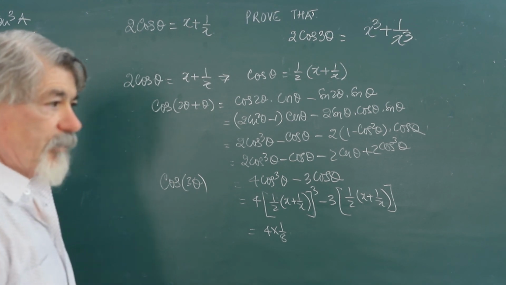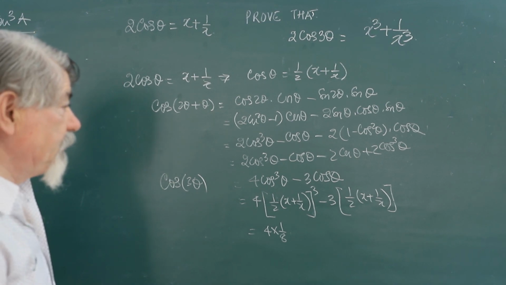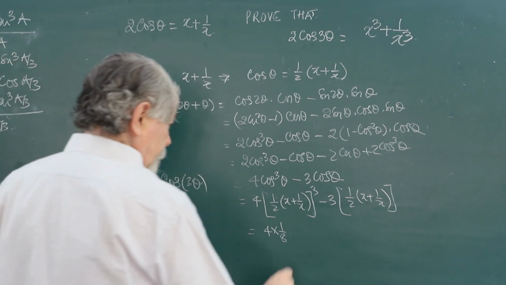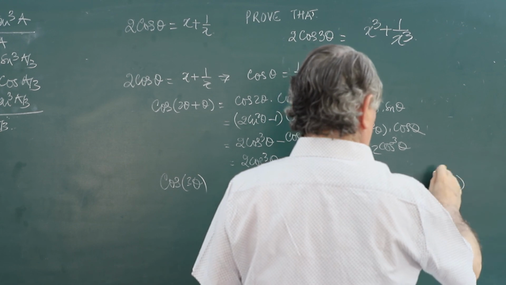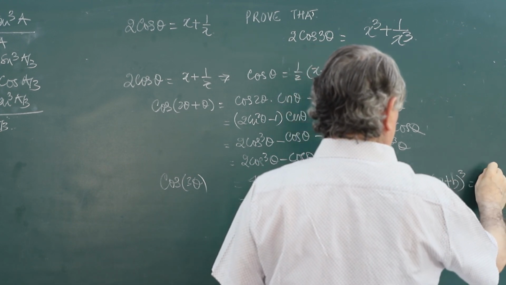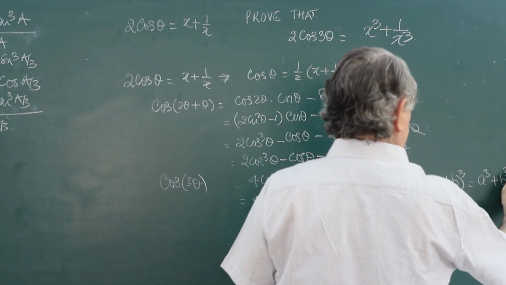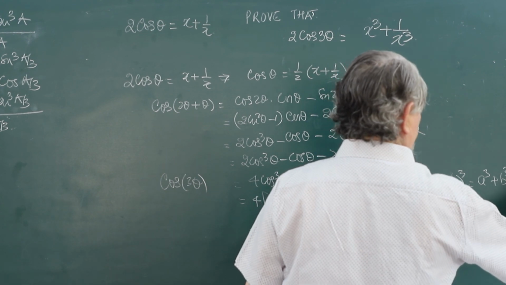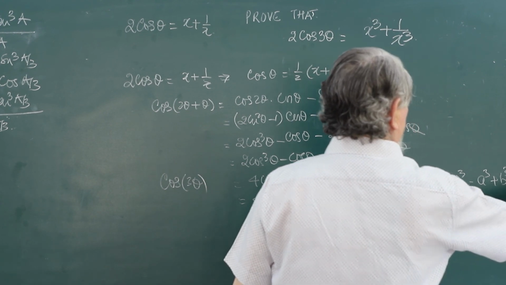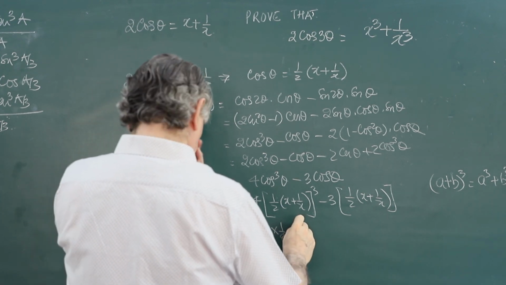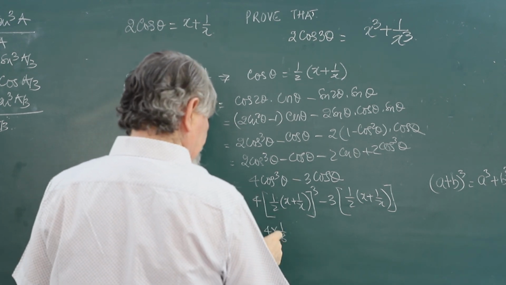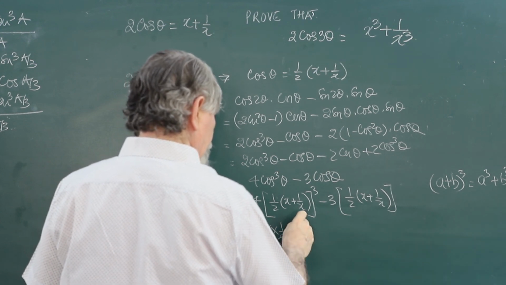What is a plus b whole cube? A plus b whole cube is a cube plus b cube plus 3ab into a plus b. This is the formula. So it will be what? It cancels here, 4 twos are 8, 1 upon 2.